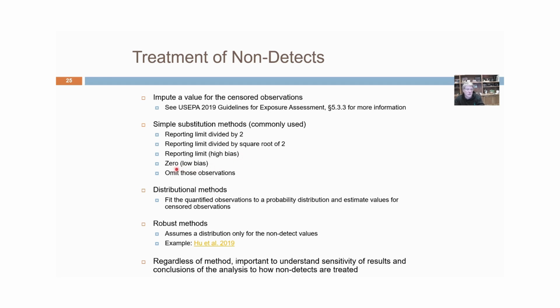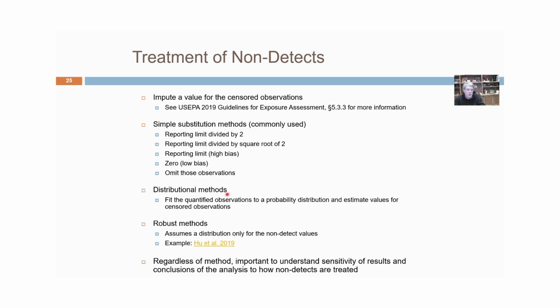Alternatively, you could impute a value of 0, but that's going to introduce low bias into those observations. You could also consider omitting those observations entirely. Now that's almost like imputing a value of 0, but you also remove that observation from the data set, so your sample size is smaller. These simple substitution methods are used very commonly.